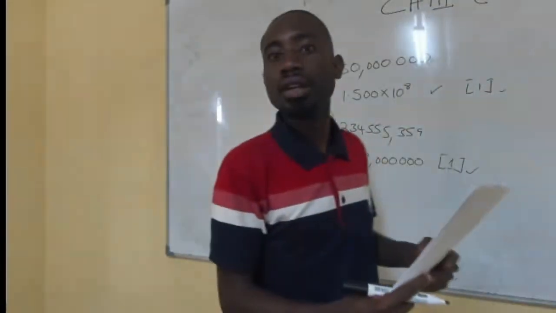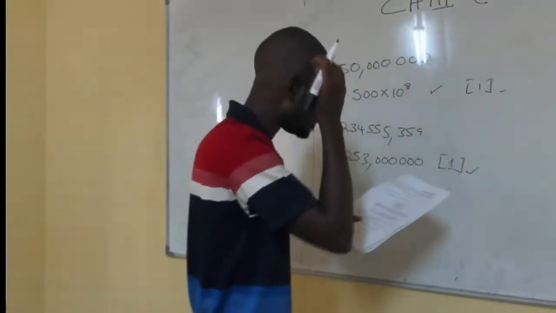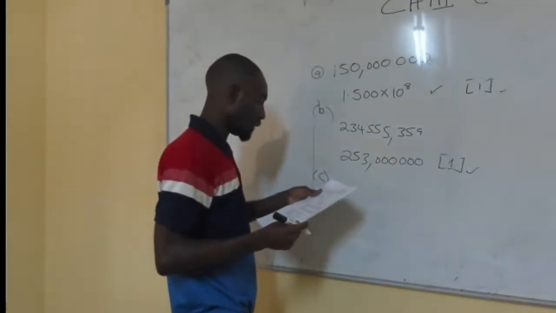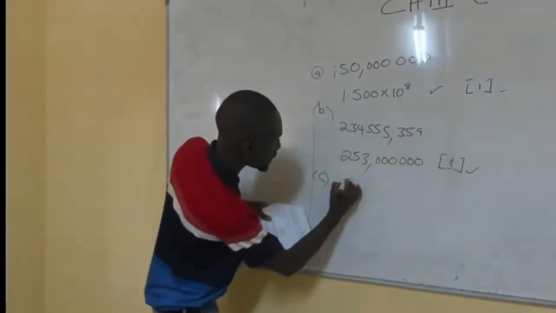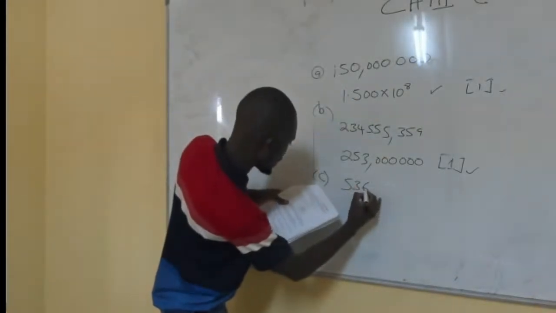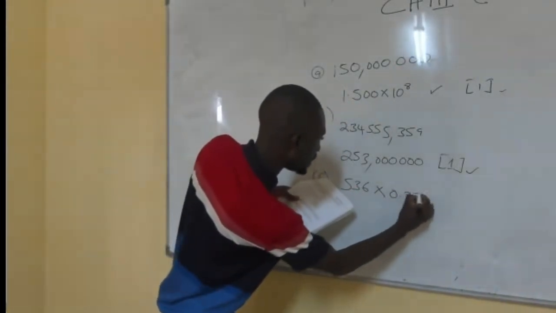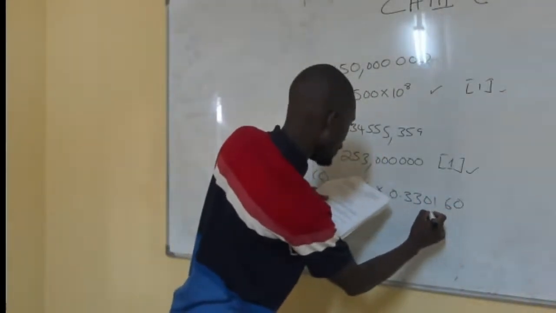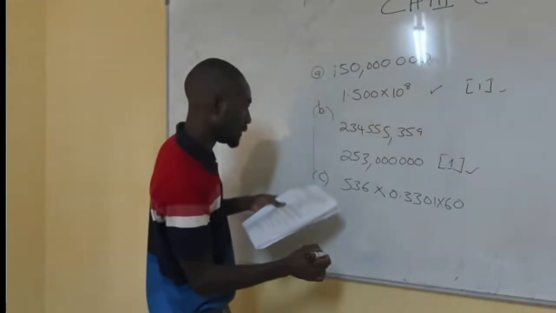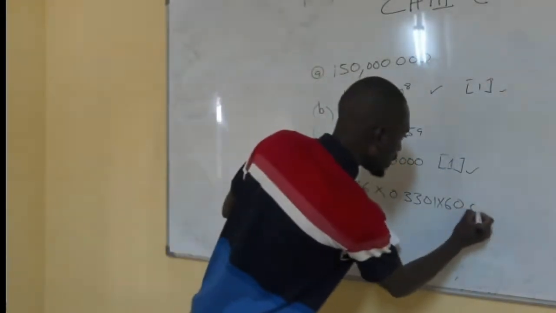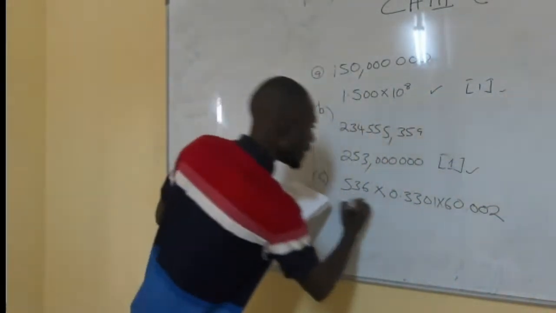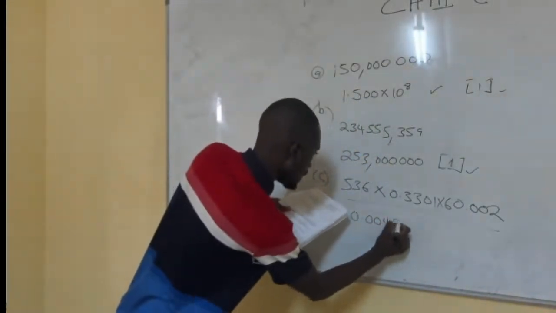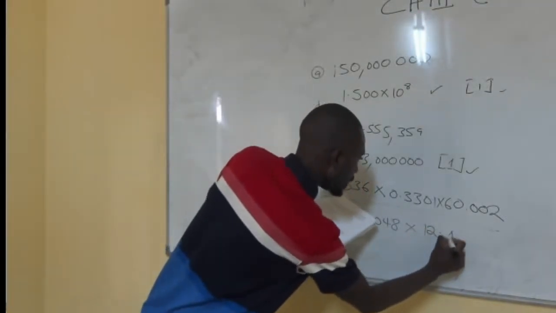Then you have C, where we are saying you have a situation. We have 536 times 0.330160, or then also multiplied by 6.0002, then divided by 0.0048 times 1.1.